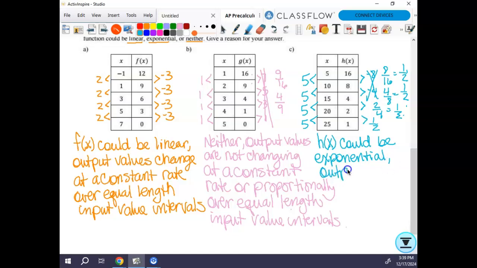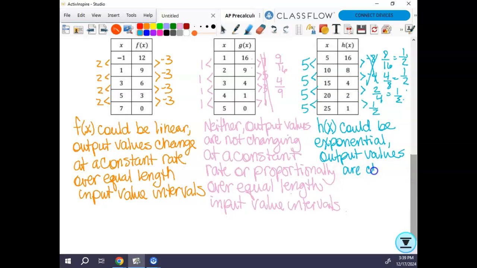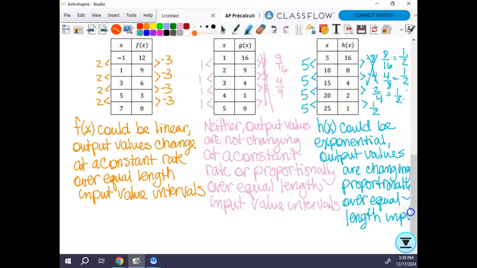Output values are changing proportionally over equal length input value intervals. Sorry, totally running out of room there.